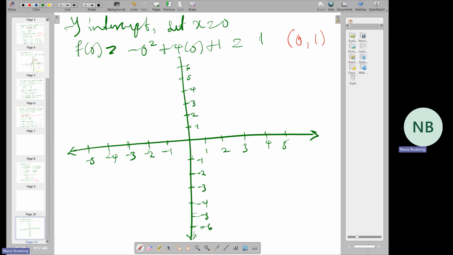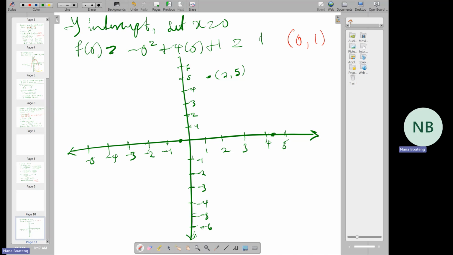All right, so the vertex point is 2 and 5. The x-intercepts are negative 0.2 and 0, and the other one is 4.2 and 0, so 4.2 and 0 is about here.